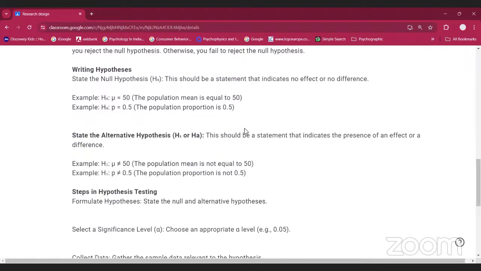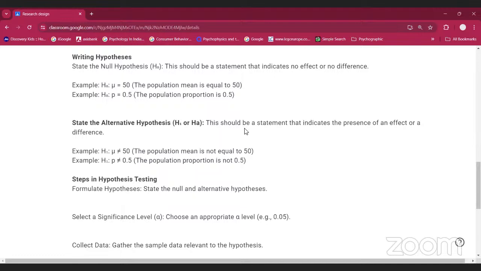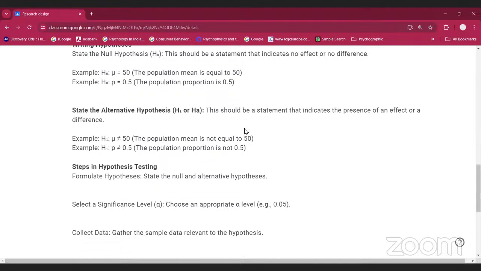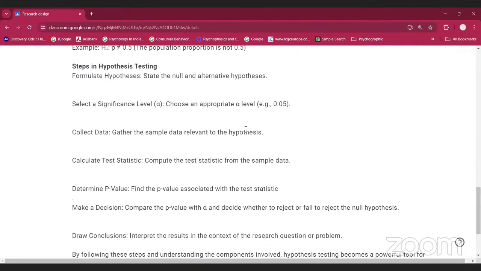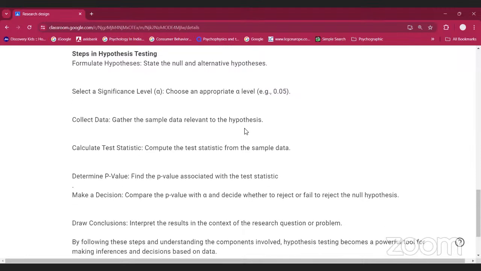Steps in hypothesis testing. Formulate hypothesis: state the null and alternative hypothesis. Select a significance level, alpha. Choose an appropriate alpha level, that is 0.05.